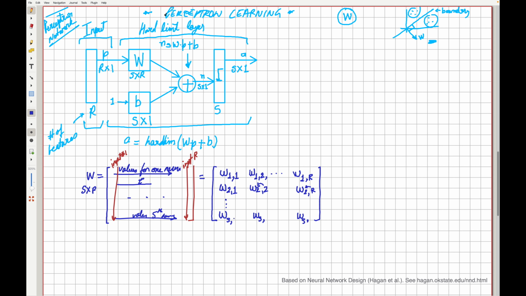So this is the first input connected to the Sth neuron, this is the second input connected to the Sth neuron, and this is the Rth input connected to the Sth neuron. And that is the entire view of the weight matrix that we have.